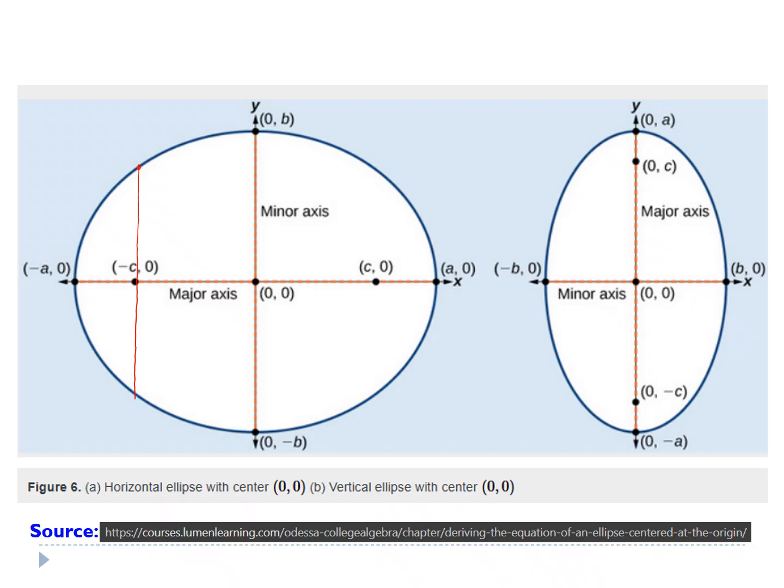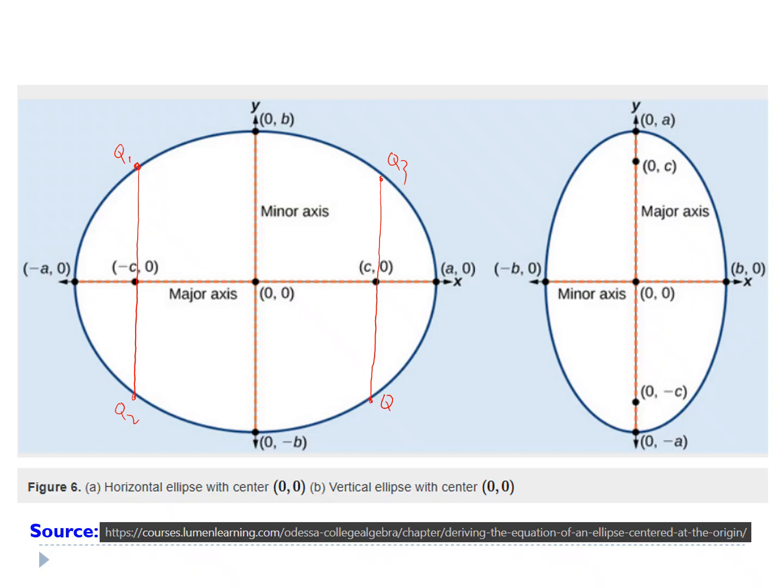Another line passing perpendicular to the major axis is also a latus rectum, and both are called latera recta in the plural. You can call these points Q1, Q2, and Q3, Q4.